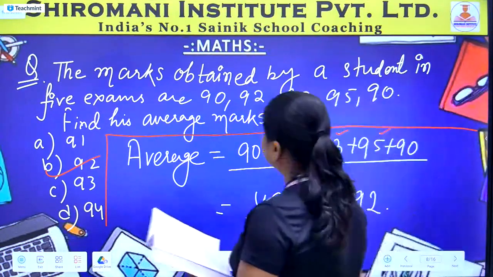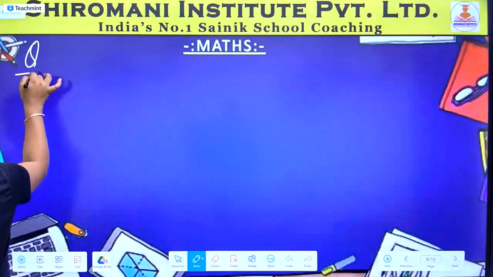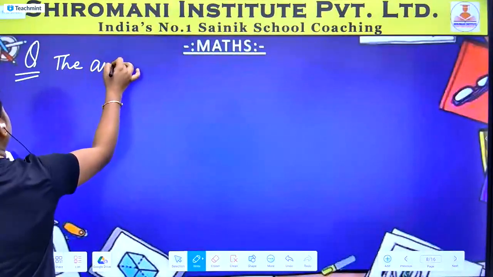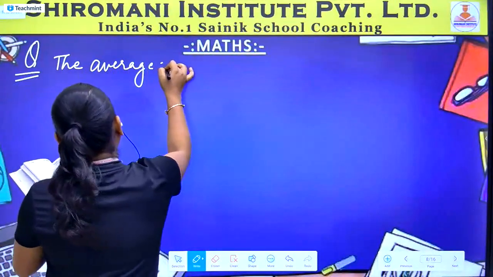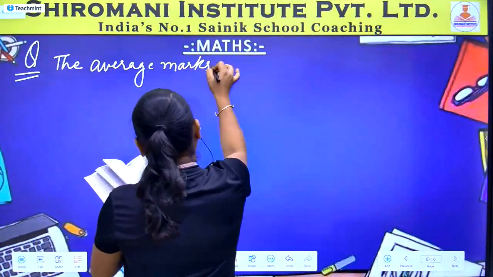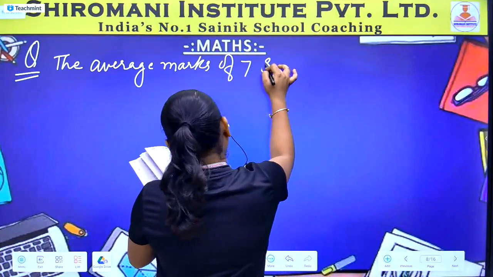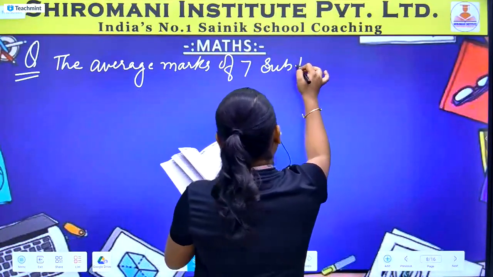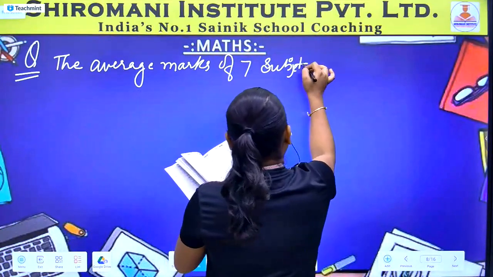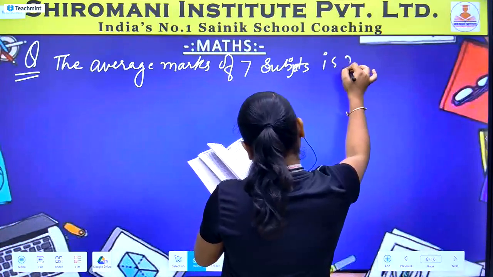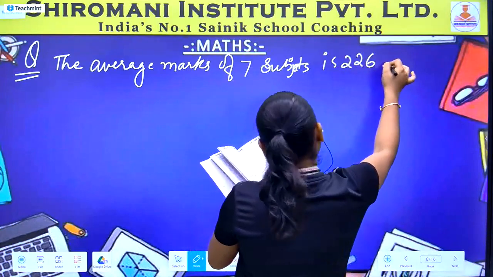Okay. One question, same type but with a different twist. The average marks of seven subjects is 226.